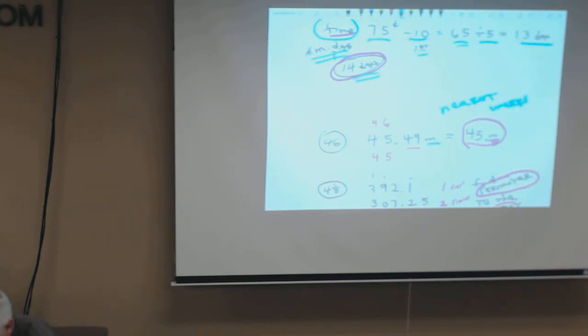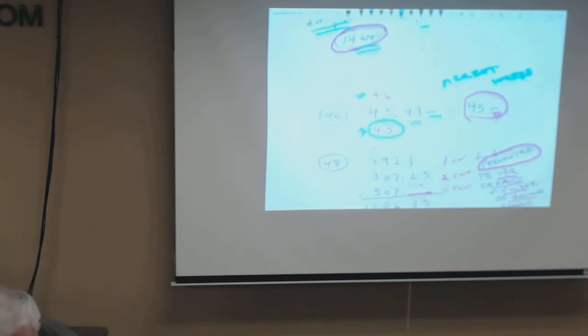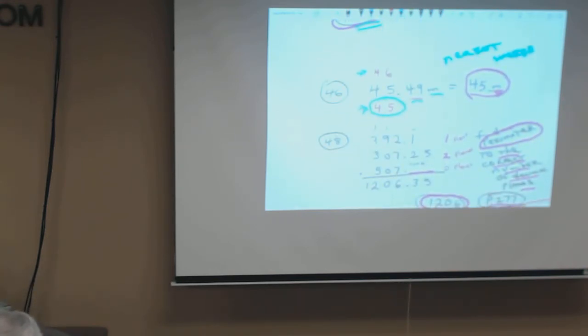To the nearest meter, then is it going to be 46 or 45? It's 45.49. So am I going to raise it up to 46 or leave it at 45? 45. I'm going to leave it at 45 because it's less than 50. If it was 50 or more, you would raise it up. That's the rule for rounding. So if you don't know your rules for rounding, go back and look at them.